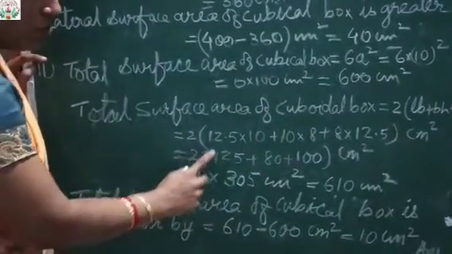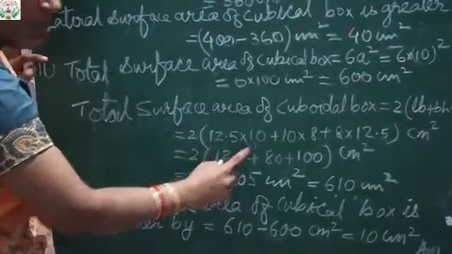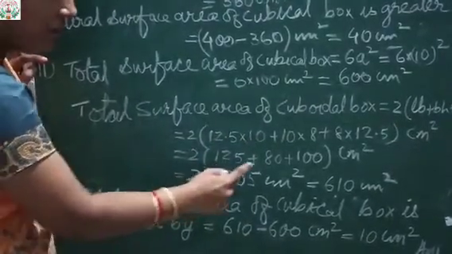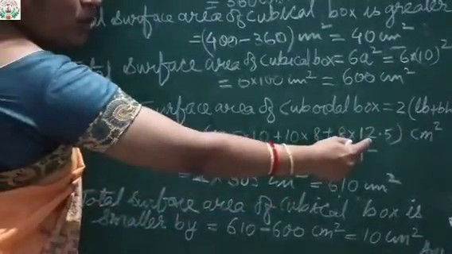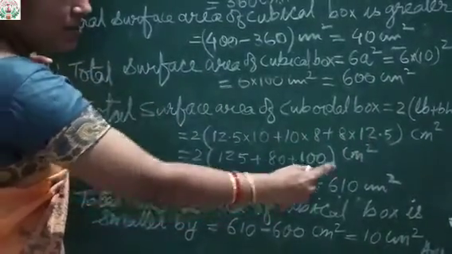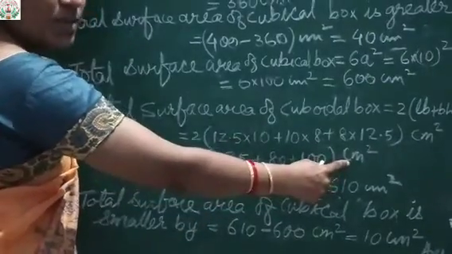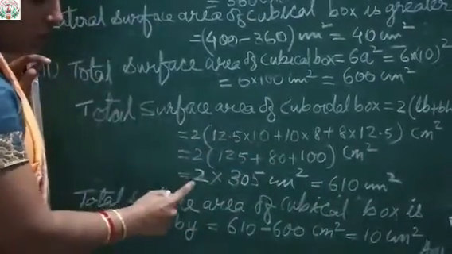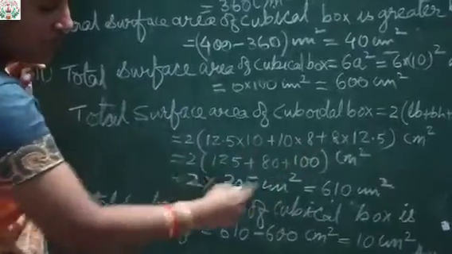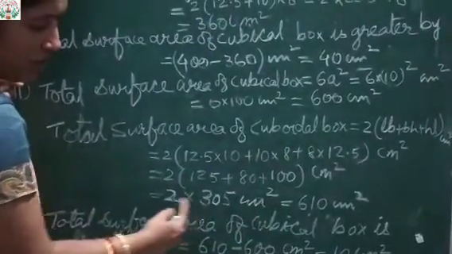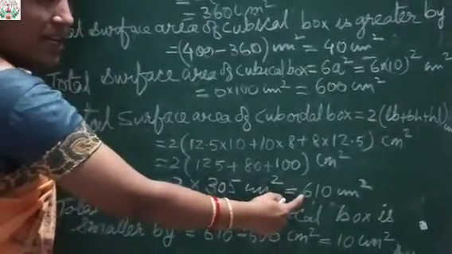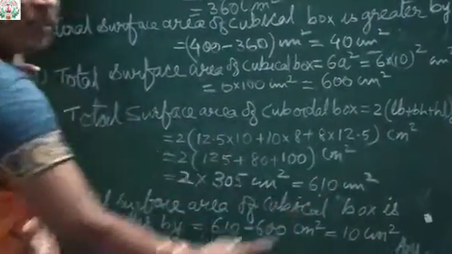Equals to 2 into, now multiply this with this, so that is 125, plus this with this, that is 80, plus 8 into 12.5 will be 100. Equals to 2 into, on simplification of this we will get 305 cm square. So on multiplication of these two numbers we will get 610 cm square.